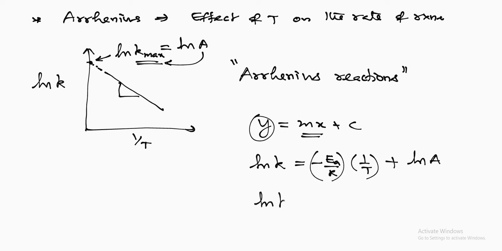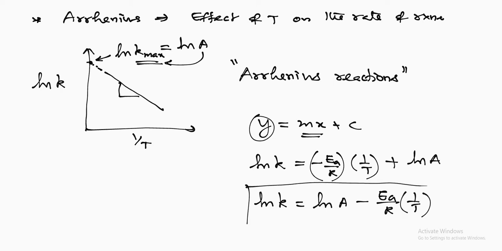So you can write this as ln k equals ln A minus Ea by R into 1 by T. What does this indicate? Why did he introduce the term Ea here? What is the meaning of Ea? Yes, we'll discuss that. This equation is what we call the Arrhenius equation.